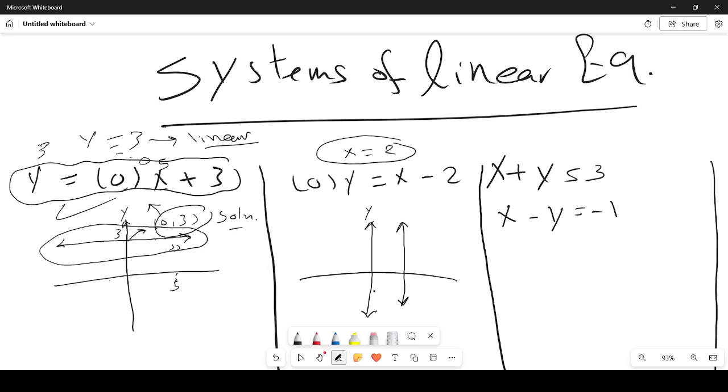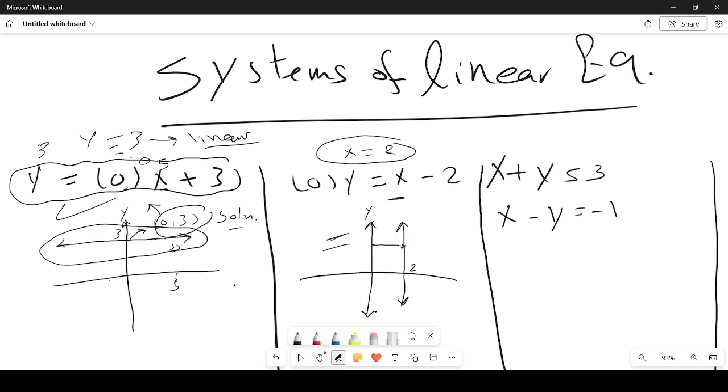The same way goes here: if we choose any point on y, and x is still 2, that makes it lie on the line, so it will satisfy this equation, which means it is a solution of this equation.